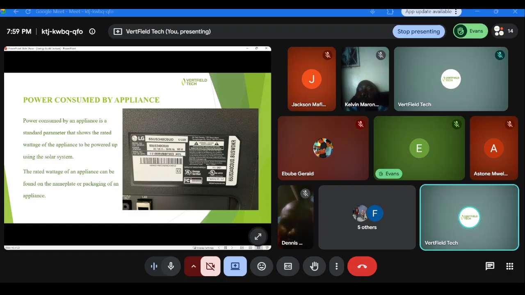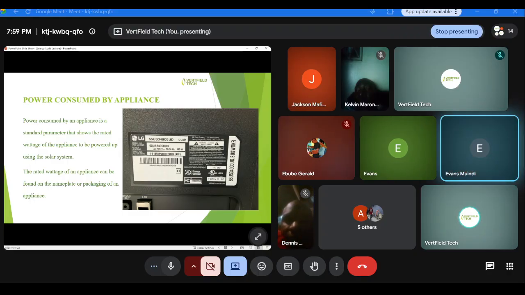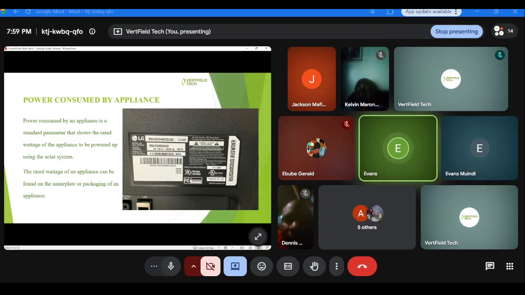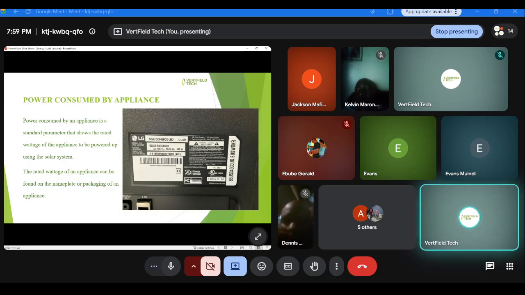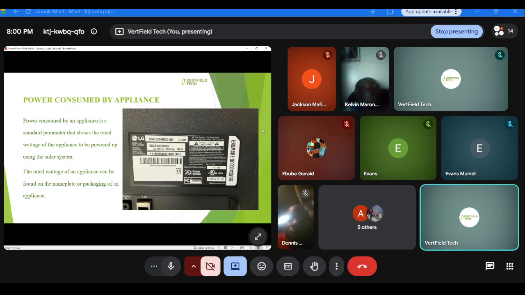Go ahead, Mr. Evans, talk to us, please. 195 watts. Yes, that is correct. I can see it from a distance as 195 watts. Okay, 195 watts. All right. Thank you so much. It is actually 195 watts. Thank you. So that means we are all following.